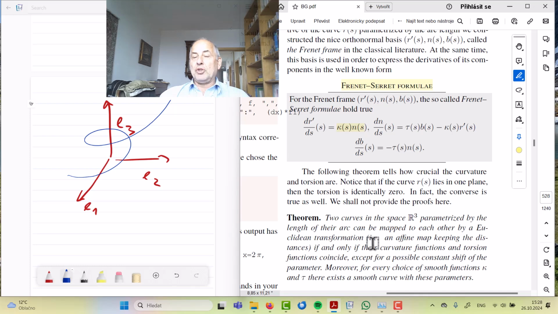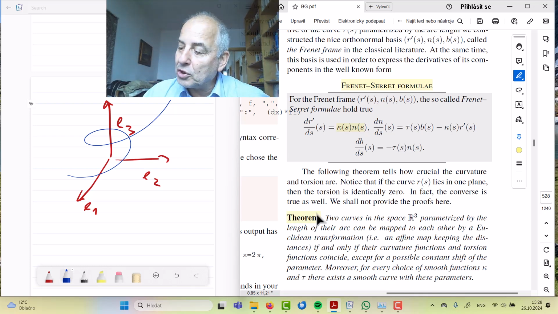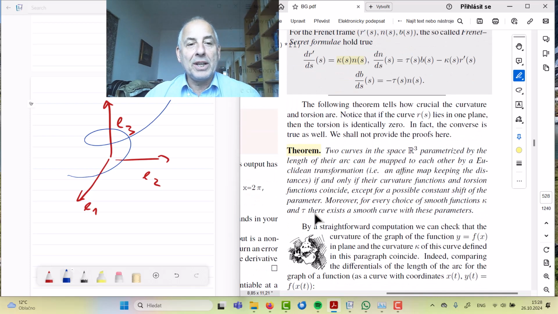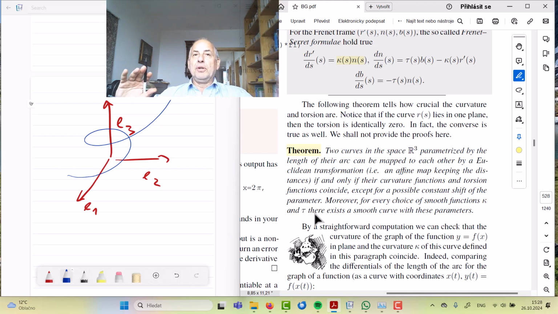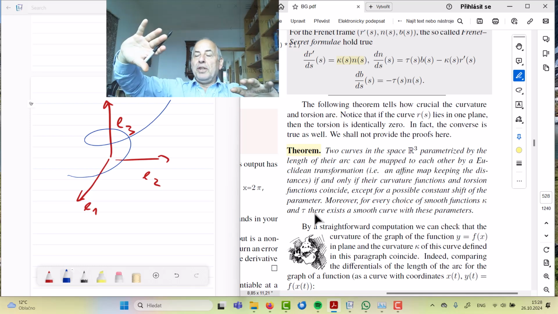But actually it's absolutely fascinating, because there is this theorem which I will not prove, but I can at least state it. And this says that if you forget about the coordinates and you simply take two curves in R3, so imagine it would be just, say, metal wires, right? Two curves, one here, one here.